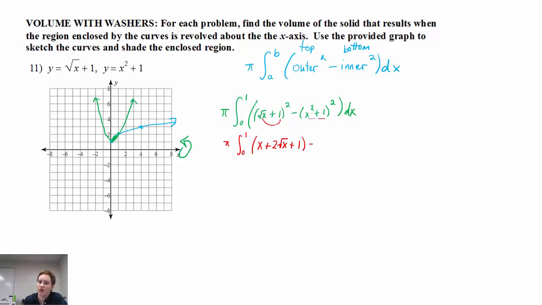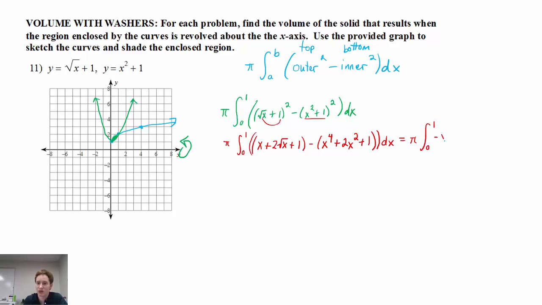Then I'm going to FOIL this out, so I have x squared and x squared. And then I do x squared and 1, which gives me 2x squared. And then I do 1 times 1, which is 1. And then I can add like terms if I have any here. So there's not a whole lot.